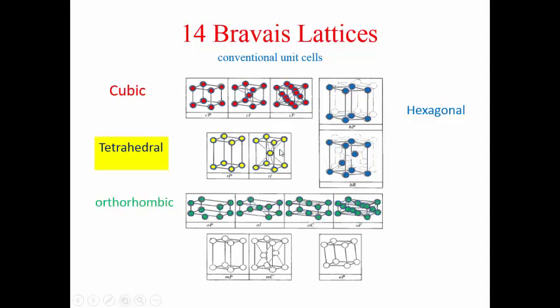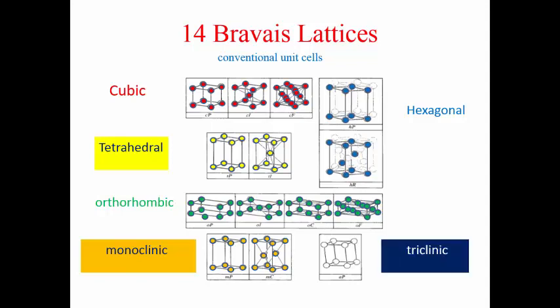We have the orthorhombic. The orthorhombic comes in all the possibilities, which is primitive, or centered, or on one side, which here is chosen as the C, or on the 4 sides. Then monoclinics will have 2 possibilities for Bravais lattices, and finally the triclinics will have 3.